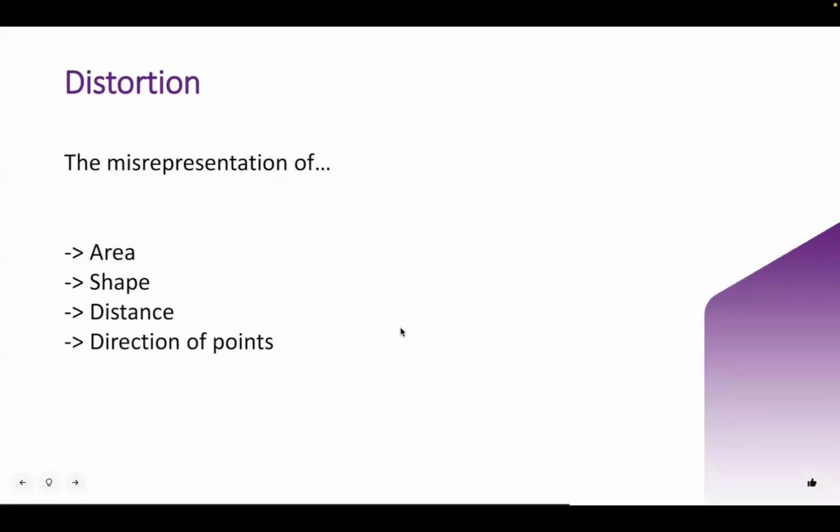A lot of mapping systems tend to compromise the distance, others tend to compromise the shapes, others the area. Typically, there's a sweet spot in between, and these mapping algorithms tend to do this for you, but it's always important to know that there can be misrepresentation of one of 4 areas.